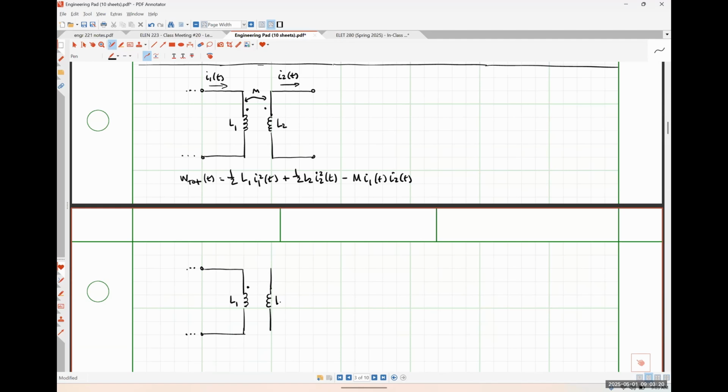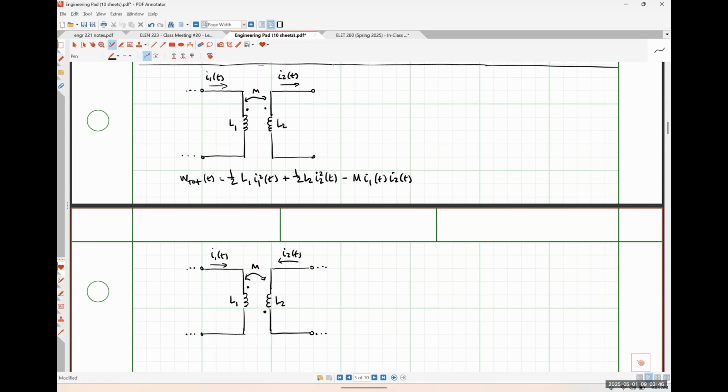Here's L2 dot on bottom. There's our mutual inductance. I have I1 flowing in here and I2 flowing in here.